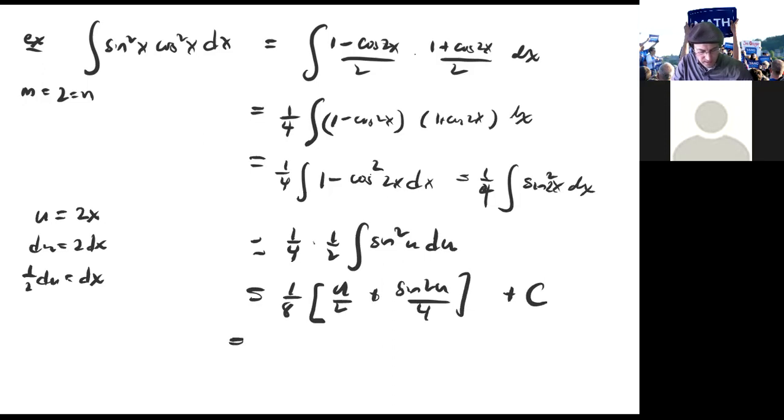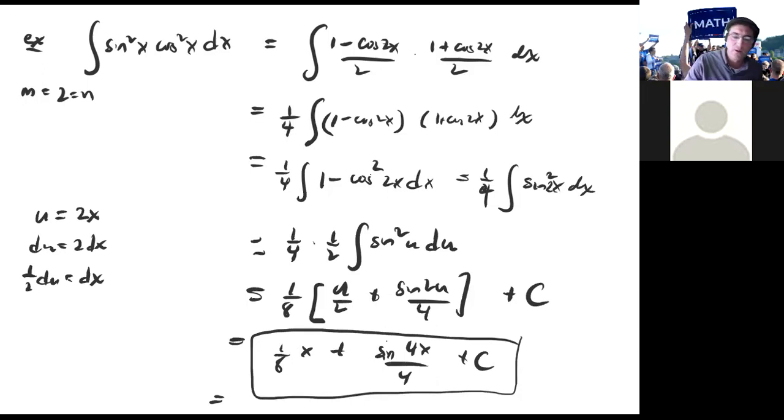And this is, when we expand, 1/16 times, u is 2x, so it's 2x plus sine of 4x over 4 plus C. And if you allow me, I will make this 2/16 into a 1/8 to make it simpler. So it's 1/8 x plus sine 4x over 4 plus C. So there you go.